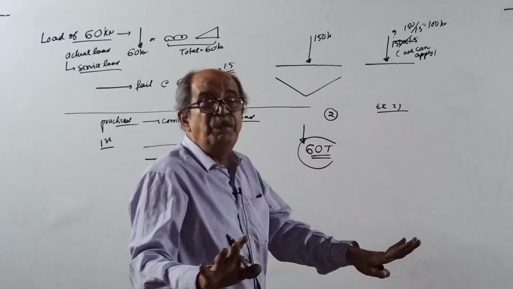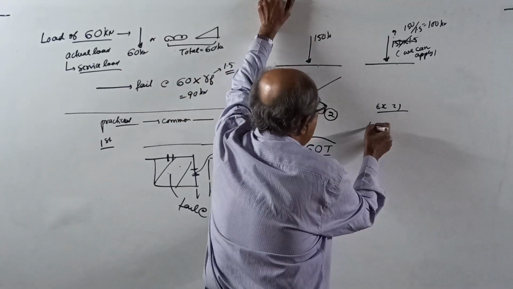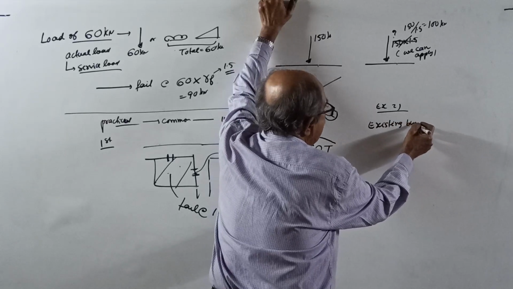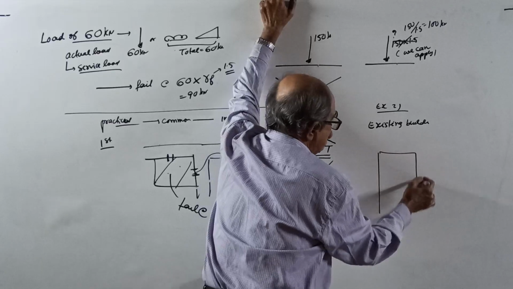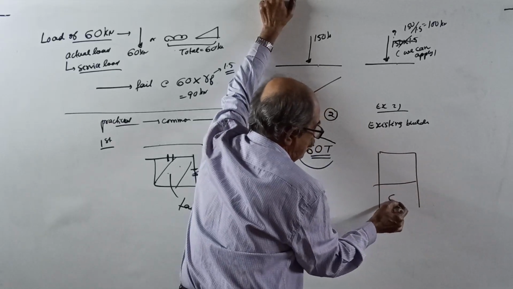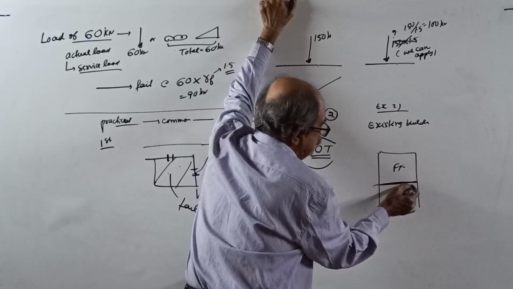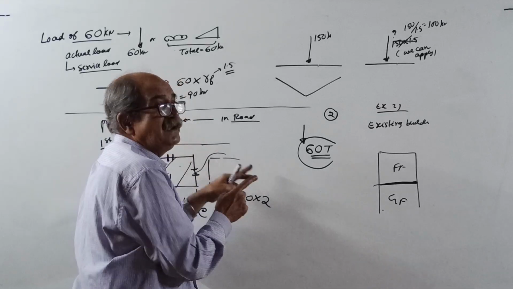Once again, same building, but not the same case. This time, it is an existing building. You have a building with a ground floor and first floor. This is your ground floor. This is the first floor, the slab where he is storing. See, last time in design you multiplied.